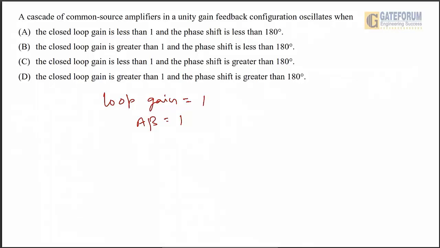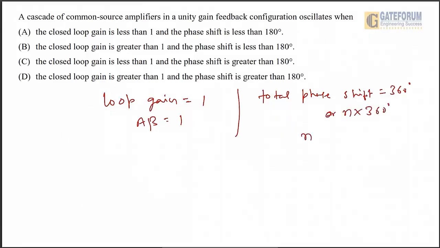And the second condition is that the total phase shift should be 360 degree or a multiple of 360 degree, where n is equal to 1, 2, 3 and so on. So if these two conditions are satisfied by an oscillator circuit, then only it will oscillate.